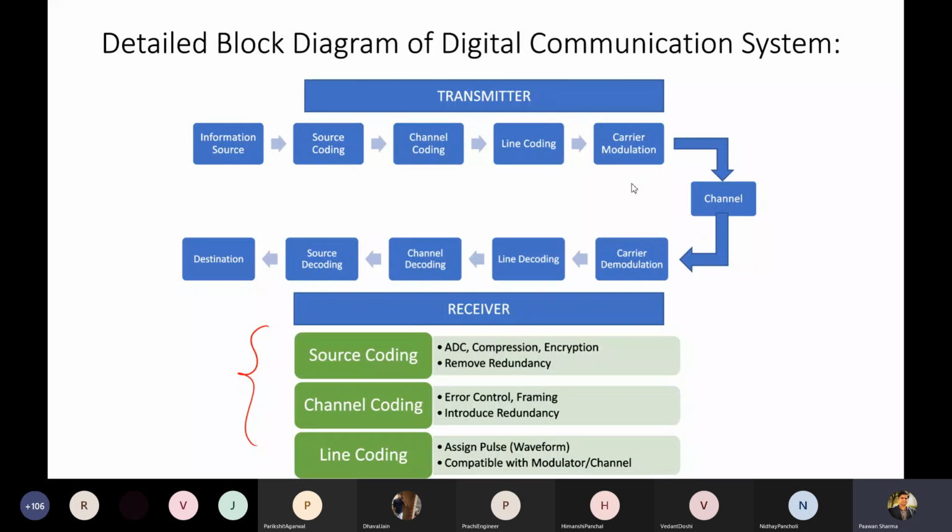What is the meaning of source, channel, and line coding? So you can see source coding consists of your analog to digital conversion, compression, encryption, remove redundancy if you have repetition or unnecessary data, or which you feel that if you transform your data into some other format, you can get rid of chunk of data.